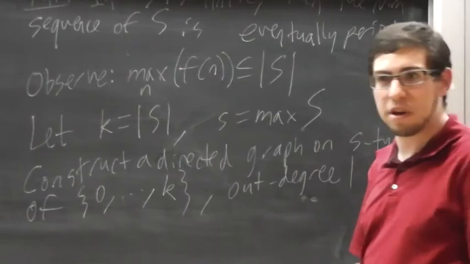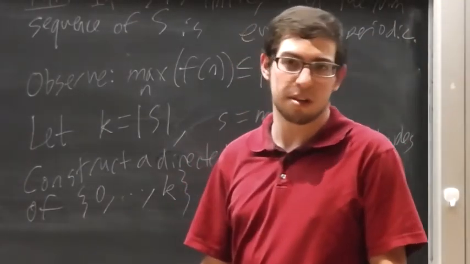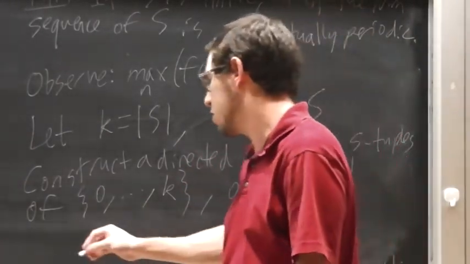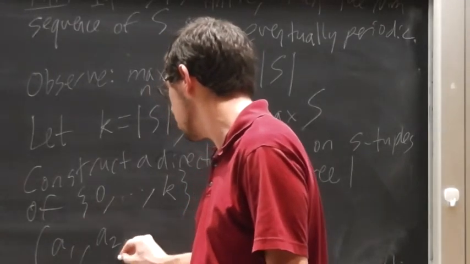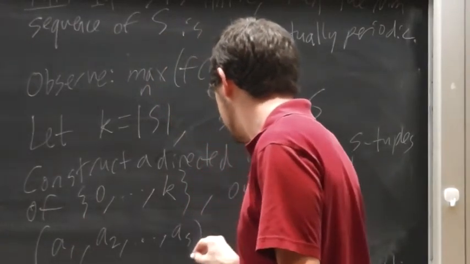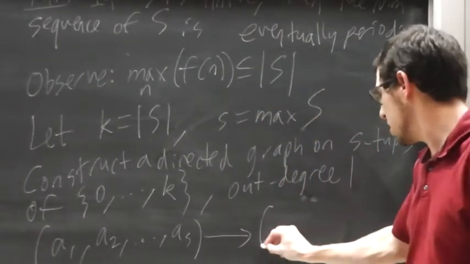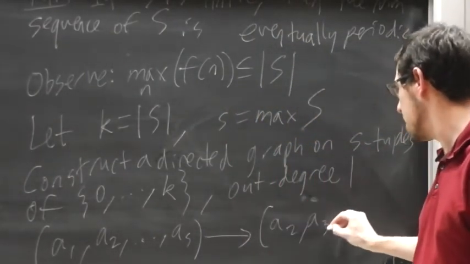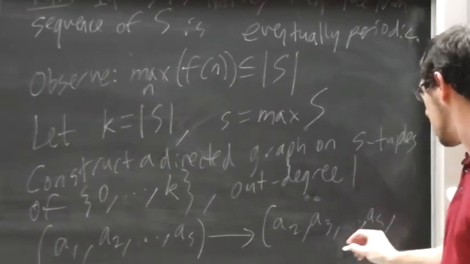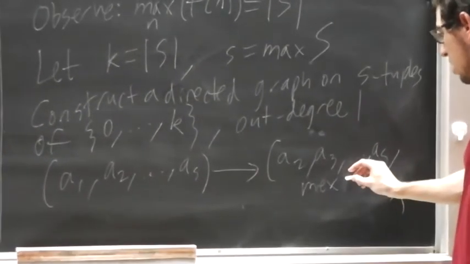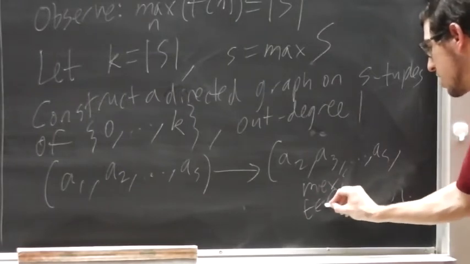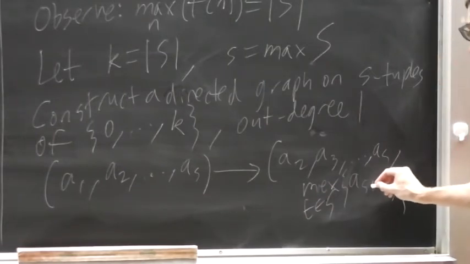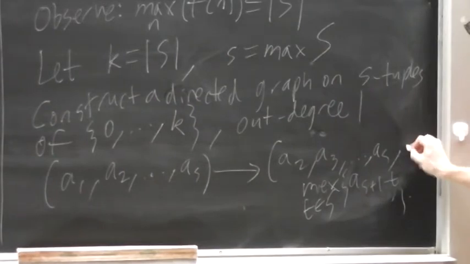Every vertex will have exactly one edge going out of it. It'll be that (a_1, a_2, ..., a_s) goes to (a_2, a_3, ..., a_s, and then the max over t in S of a_{s+1-t}).